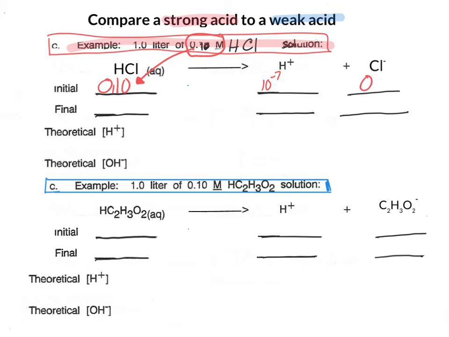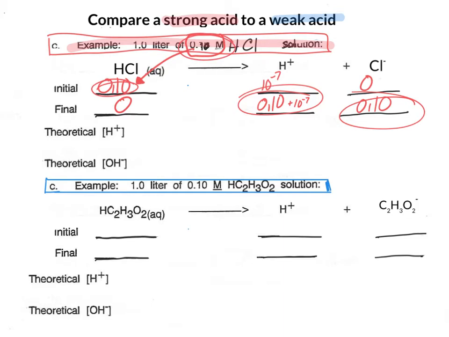We'll see that all of the HCl reacted, so we have 0 HCl left, and now we've produced 0.1 molar H plus and 0.1 molar Cl minus. And again, those numbers are equal to the original concentration because this is a strong acid and it ionizes 100%.